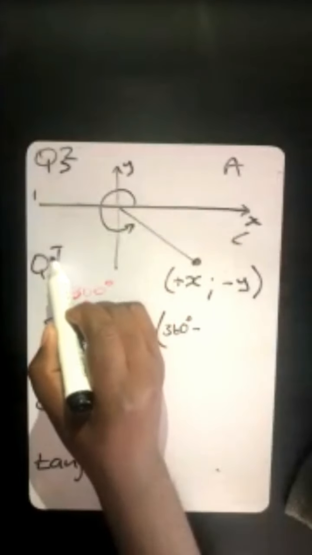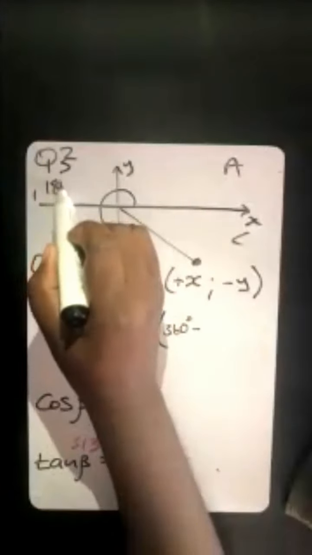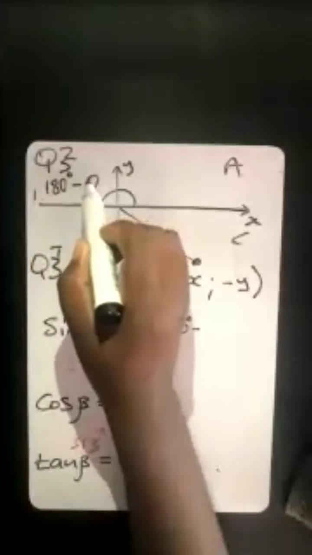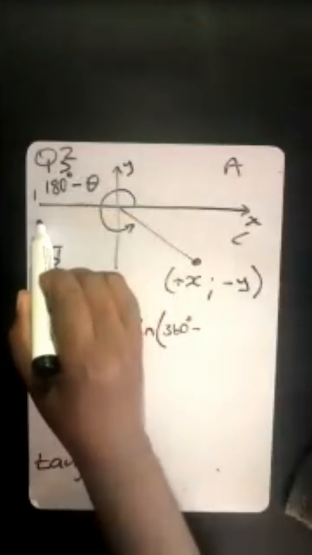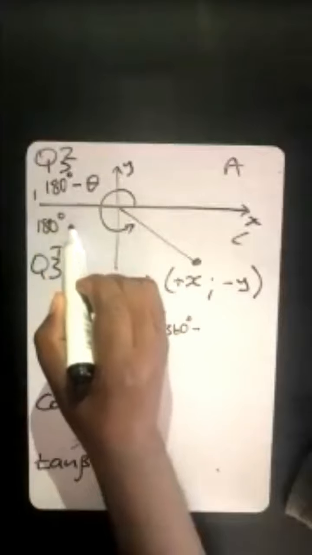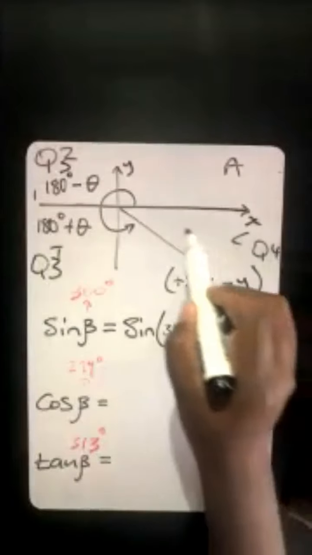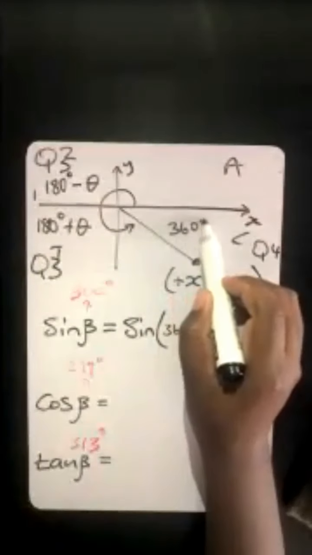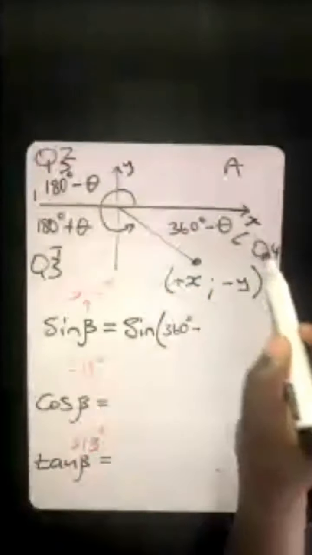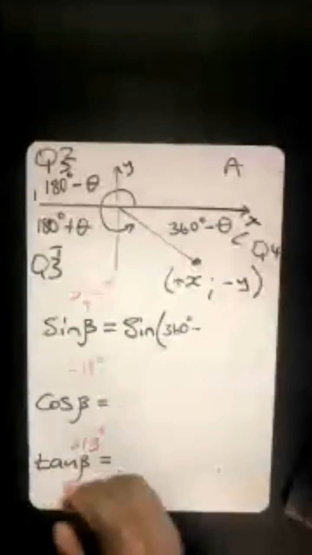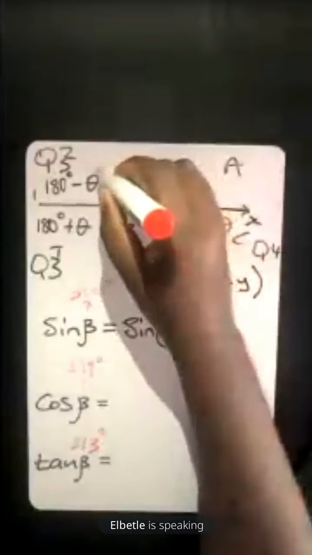So for these two, quadrant 2 and quadrant 3, we used 180 degrees minus angle for angles falling in that quadrant. Then we used 180 degrees plus angle for those that are falling in quadrant 3. So in quadrant number 4, we are going to use 360 degrees minus angle. So guys, what can you say about that angle?